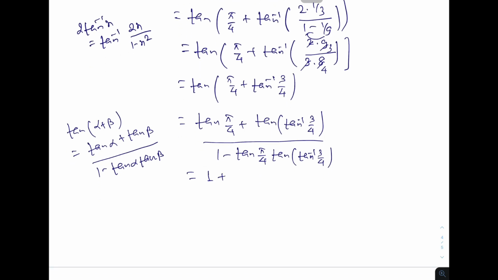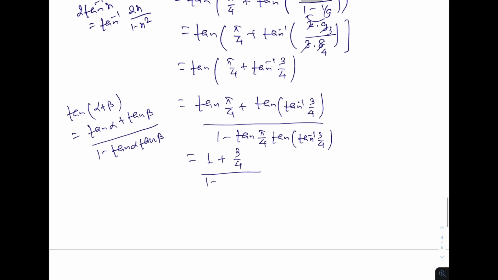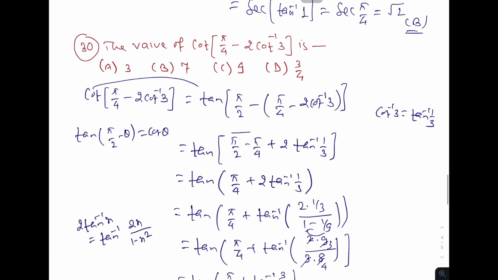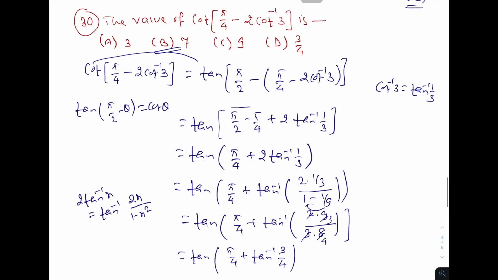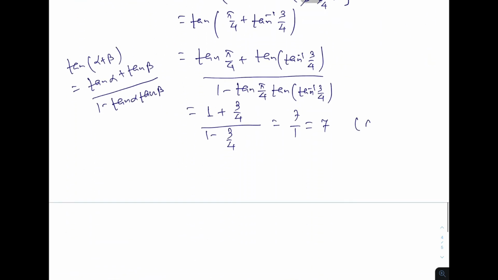This is 1 plus 3 by 4 over 1 minus 3 by 4. And so this is 7 by 1. So that is nothing but 7. So the answer is 7. Okay, thank you.